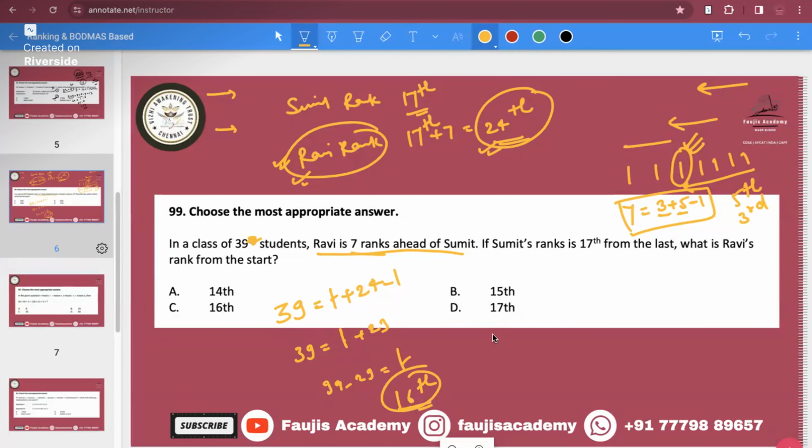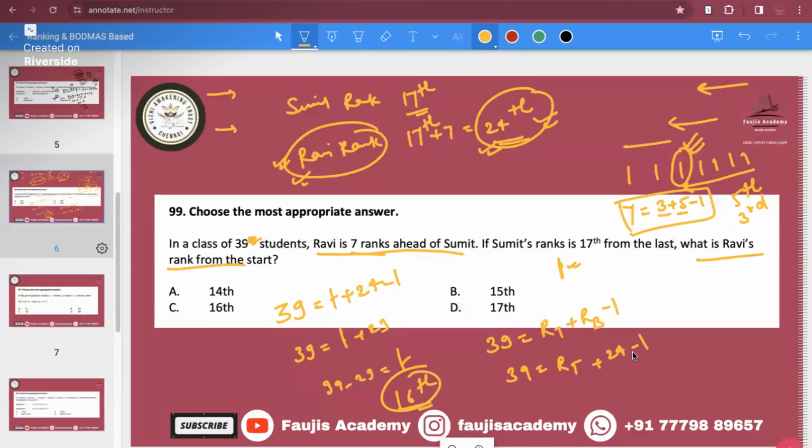My whole point is that the total number of chaps is equal to that one particular chap's rank from top plus rank from bottom minus 1. We know his rank from bottom is 24. So 39 is equal to rank from top, which we don't know and need to find out, plus rank from bottom, 24, minus 1.